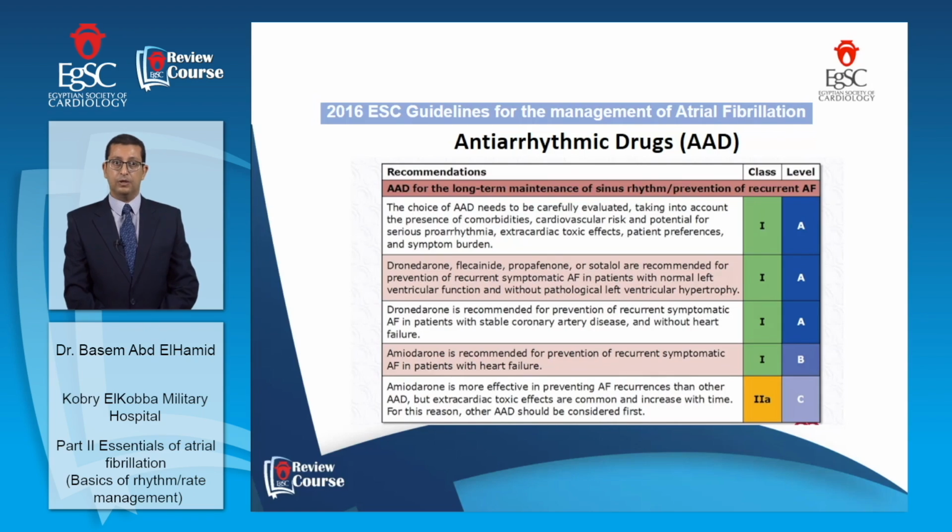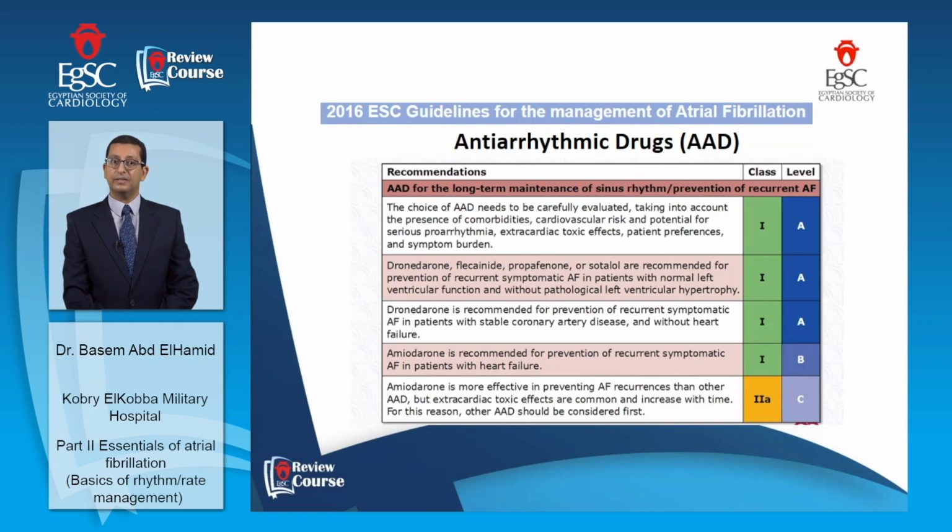Class 1: Dronedarone, flecainide, propafenone, and sotalol are recommended for prevention of recurrent symptomatic AF in patients with normal left ventricular ejection fraction and without pathological left ventricular hypertrophy. Dronedarone is recommended for prevention of recurrent symptomatic AF in patients with stable coronary artery disease without heart failure.